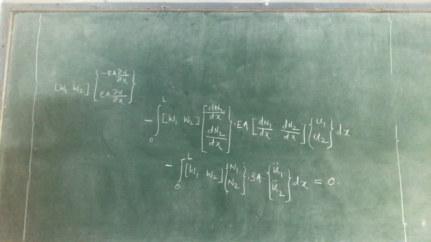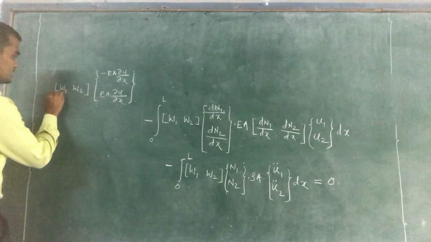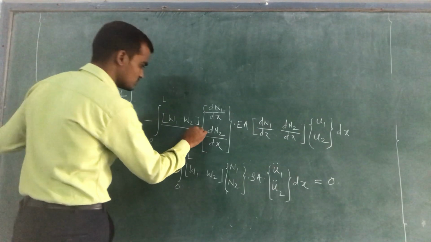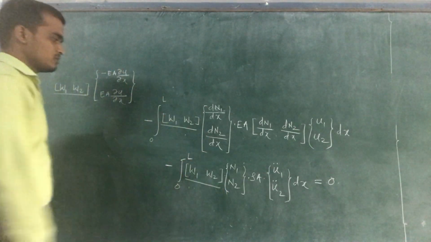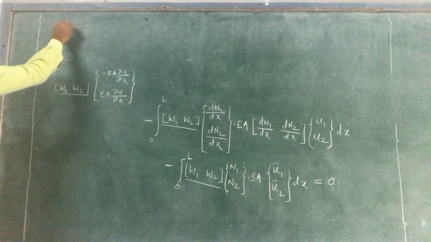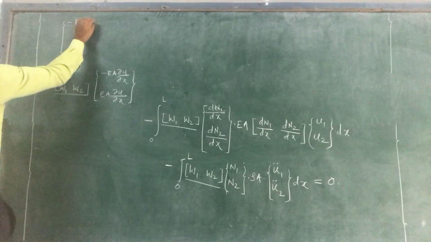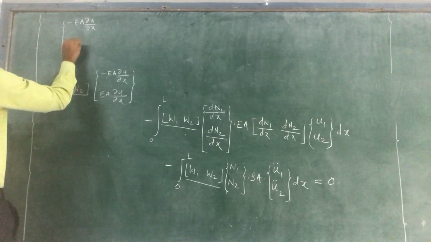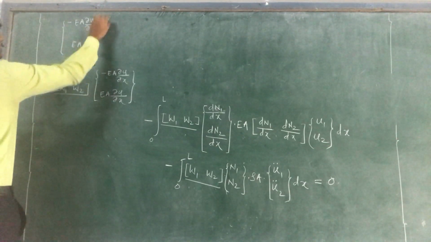Now we can eliminate this matrix W1, W2. It is common here, and in this third term the W1, W2 matrix is also there. By eliminating this, we will get the final equation as minus EA ∂U/∂X, EA ∂U/∂X.